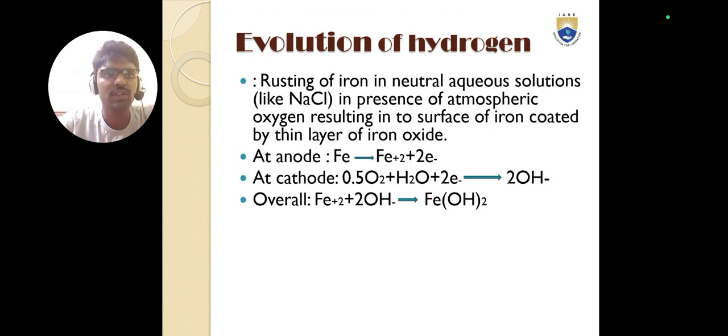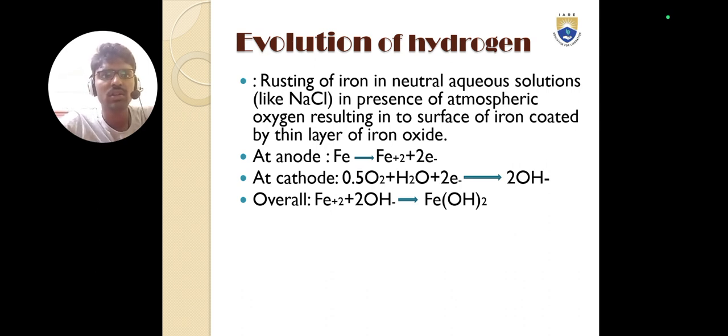So, evolution of hydrogen, rusting of iron in neutral aqueous solutions like NaCl in the presence of atmospheric oxygen, resulting in the surface of iron coated by a thin layer of iron oxide.